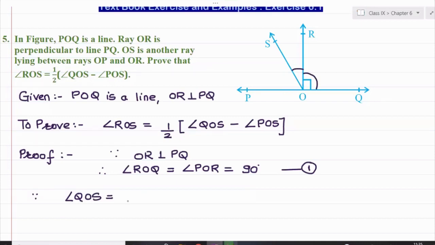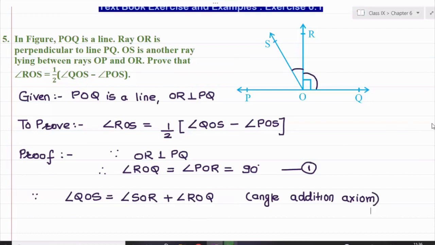So angle QOS I can write down as angle SOR, or you can say angle ROS, plus angle ROQ. This reason we can say by angle addition axiom. However it is not compulsory, but if you write it down that will be better. Because if you add any two adjacent angles, they form another angle. So here our two angles are SOR and angle ROQ.